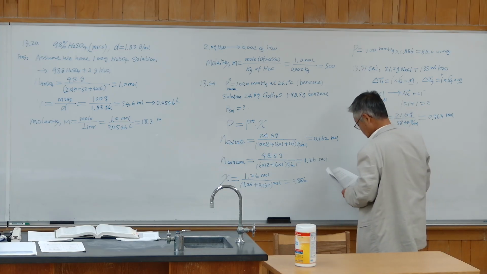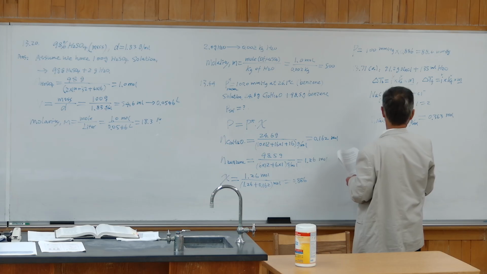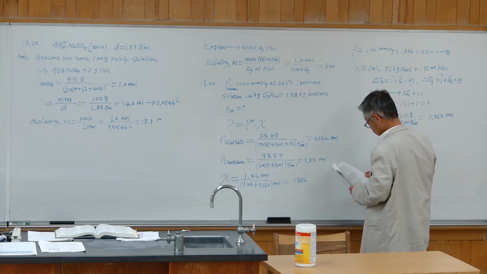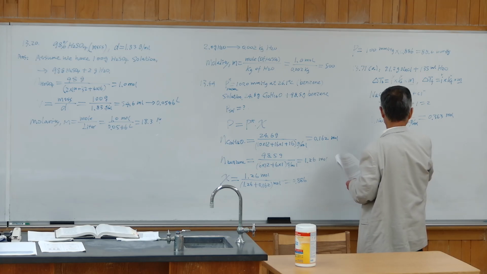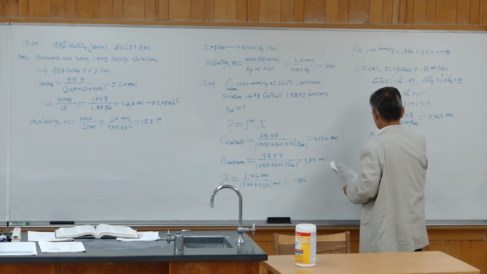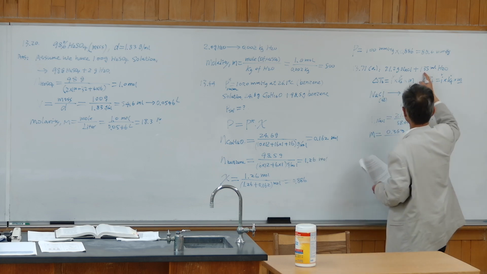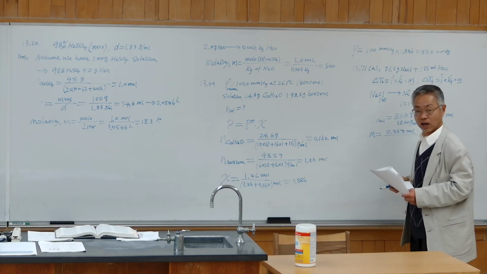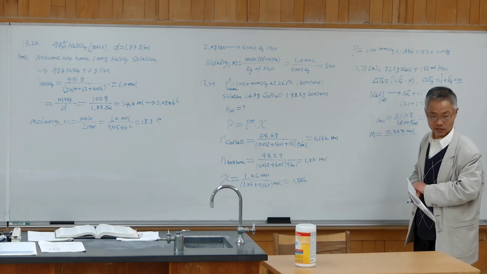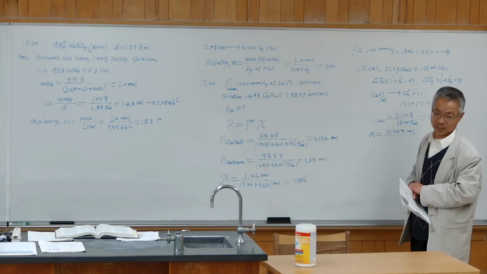Then molality m is moles divided by kilogram of water. 135 milliliter is not kilograms.